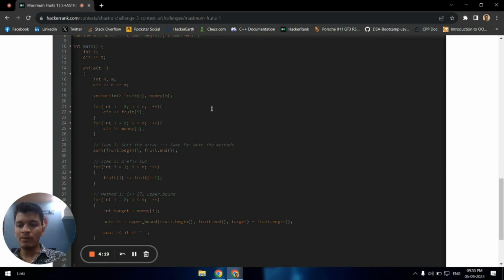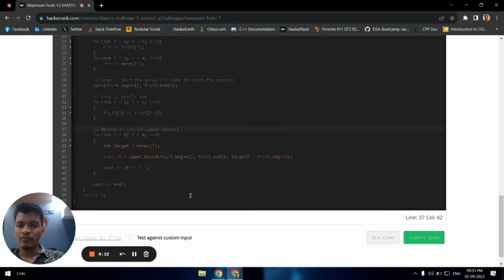To optimize this binary search code, we can use the STL upper_bound in C++, so that we can make the solution more efficient. As earlier, we take the element of the money array as the target, and we find the upper bound of it in the fruit array from beginning to end.